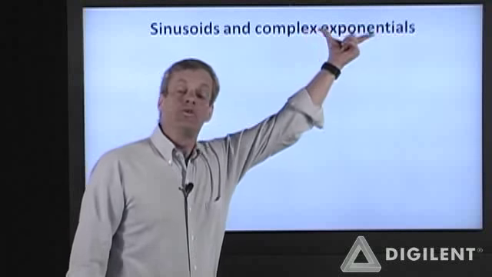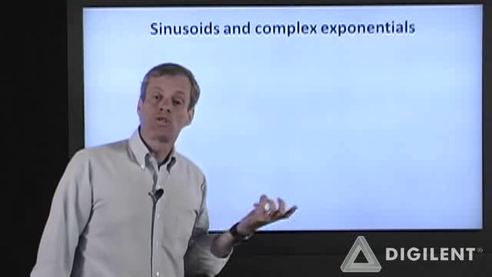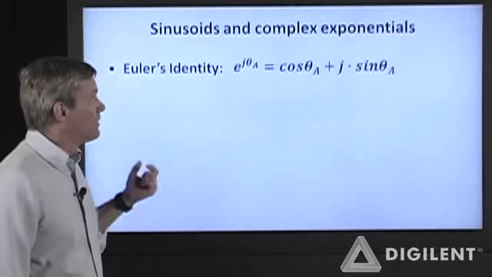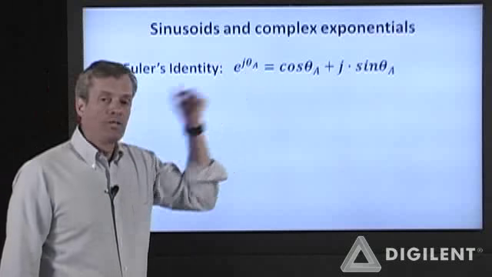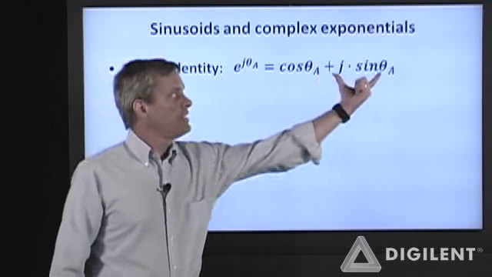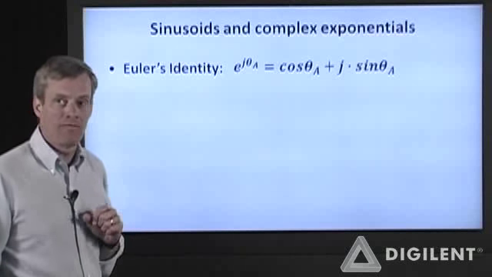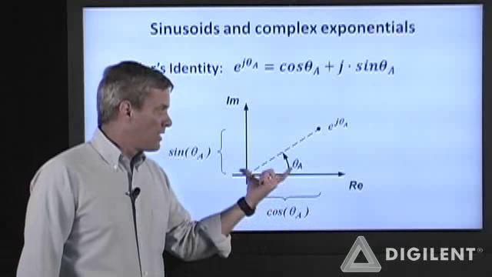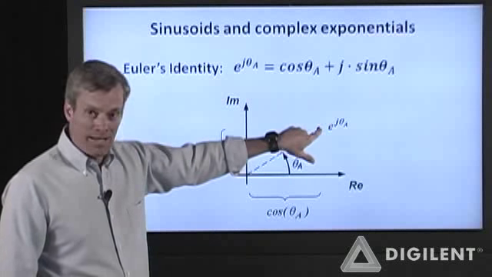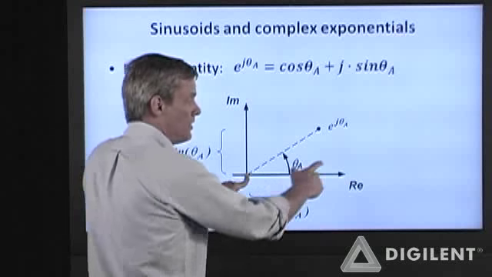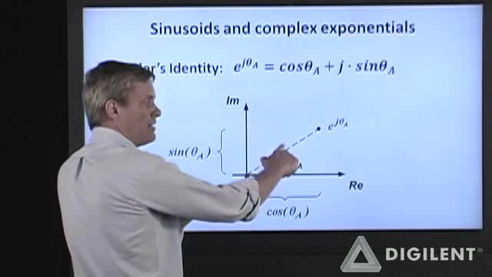Now let's take a look at using complex exponentials to represent a time-varying function. Okay? Remember Euler's identity. e to the j theta sub A is cosine of theta sub A plus j times sine of theta sub A. Graphically, if I have e to the j theta sub A here, cosine of theta sub A is the adjacent side over the length.